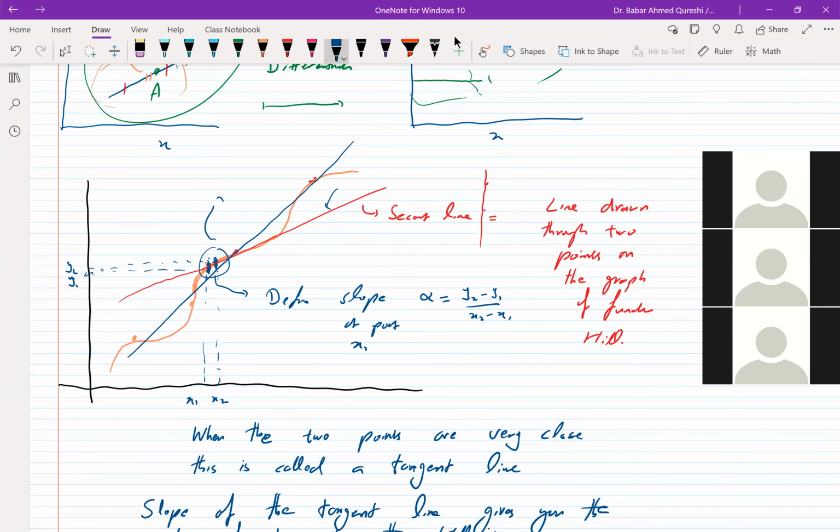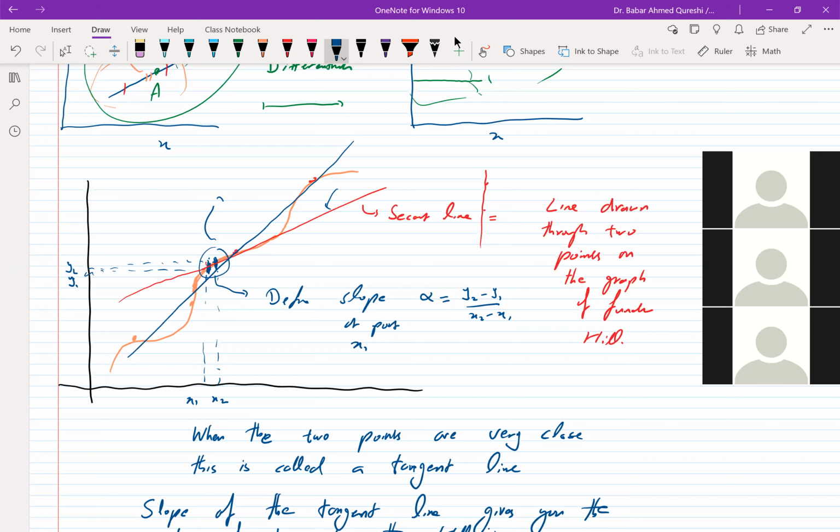Essentially, all I'm saying is that the function is changing from point to point. Throughout, this hill doesn't look like a line, but I want to talk about the rate of change. So what do I do? I just focus on some very nearby points, and I ask how fast the hill is climbing in this region. Obviously, you would look for nearby points and then try to compute the rate of change.